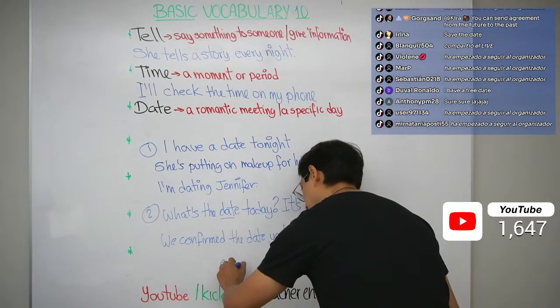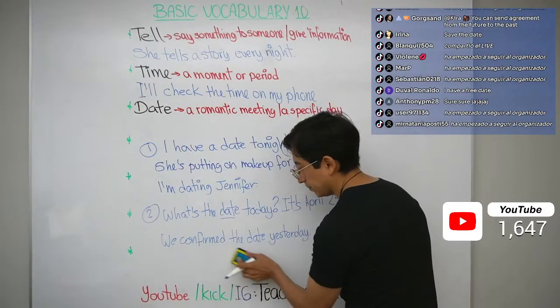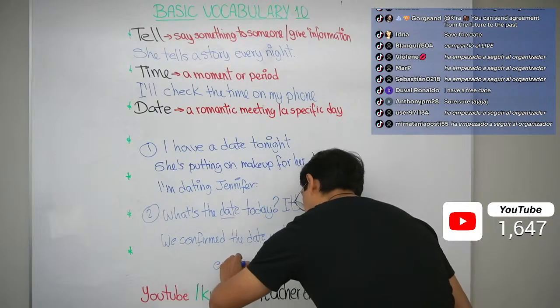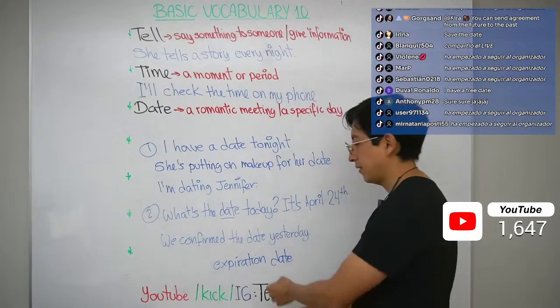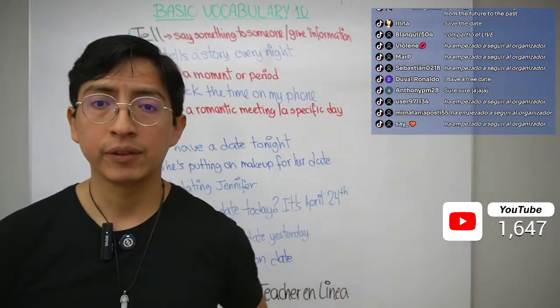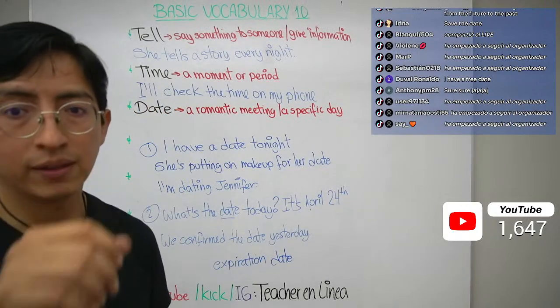Expiration, that's a good phrase, guys. Expiration date. There are some products that have an expiration date, no? In the case of food, for example, all of them have expiration dates.